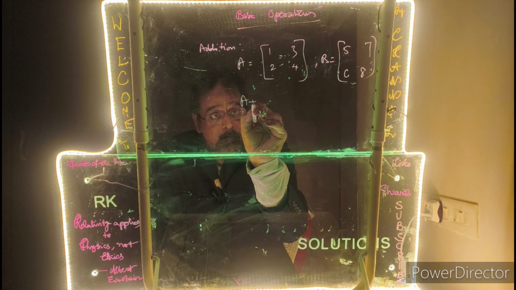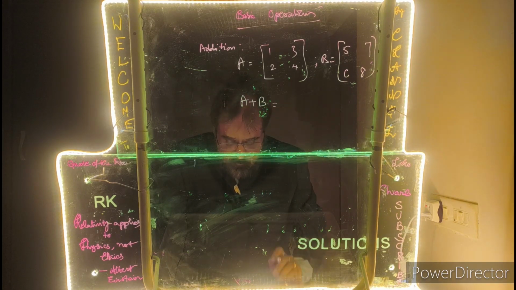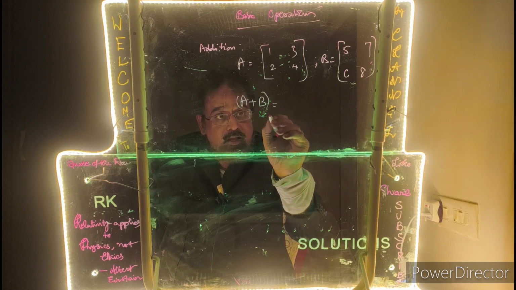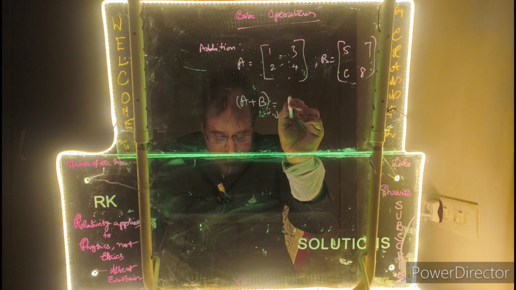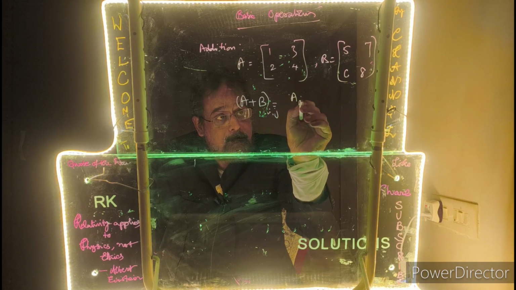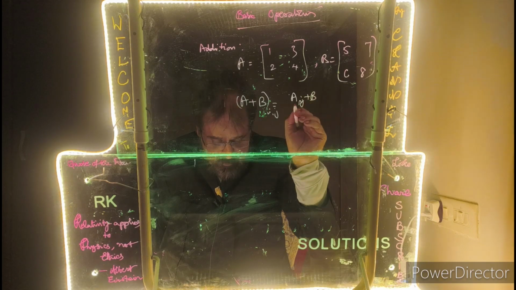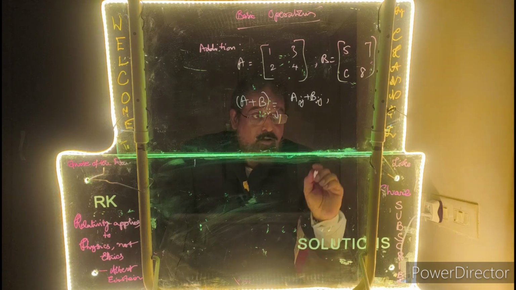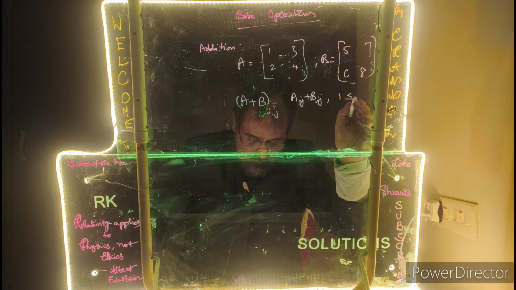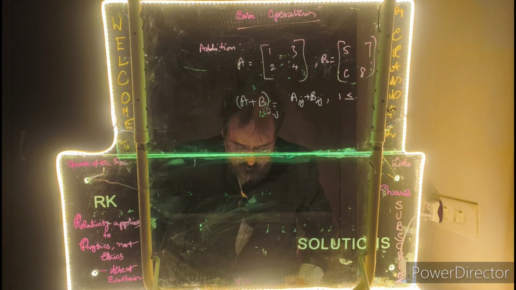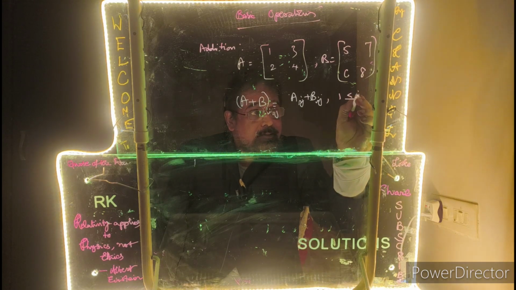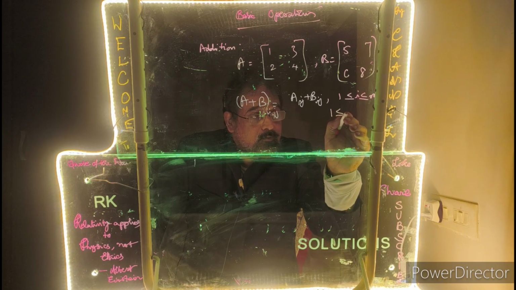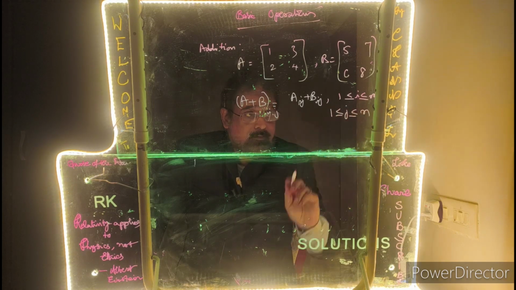Then A plus B is equal to A plus B. The formula itself is (A+B)ij equal to Aij plus Bij, where 1 is less than or equal to i less than or equal to n, comma, 1 less than or equal to j less than or equal to n.